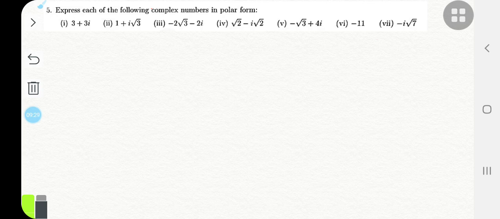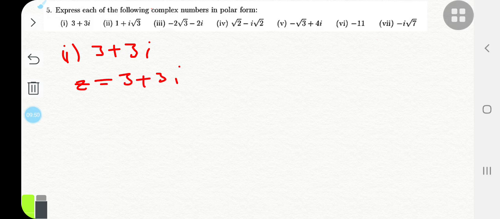So now let's try to express them into polar form. Let's begin with part 1, which is 3 plus 3i.